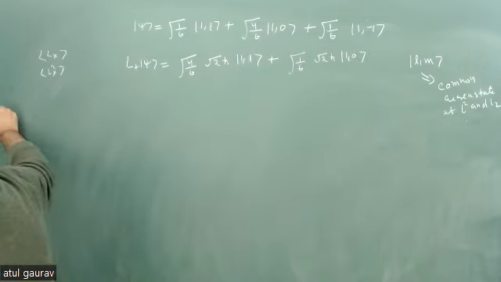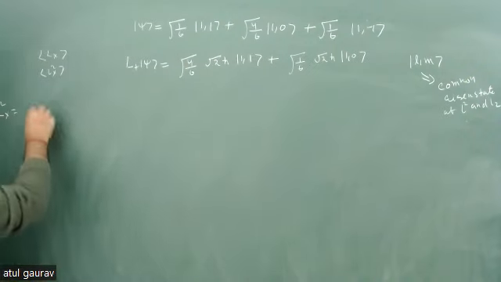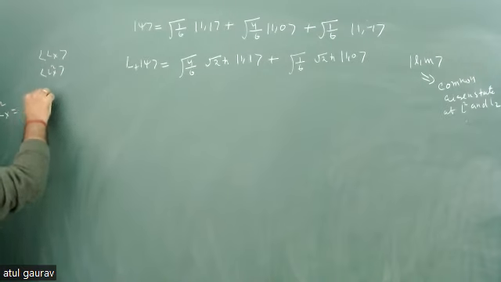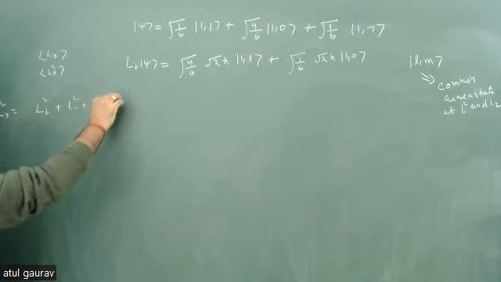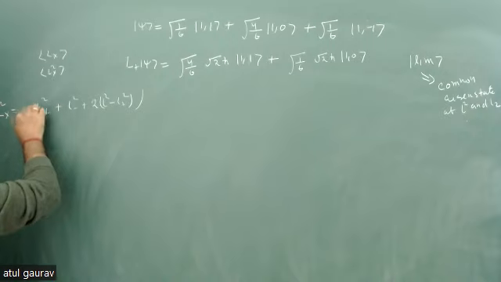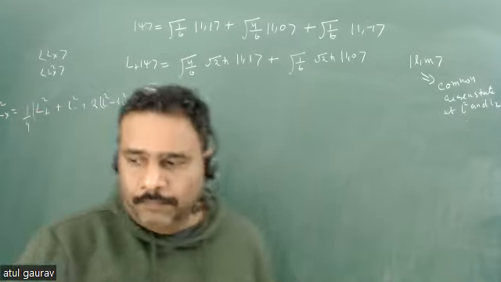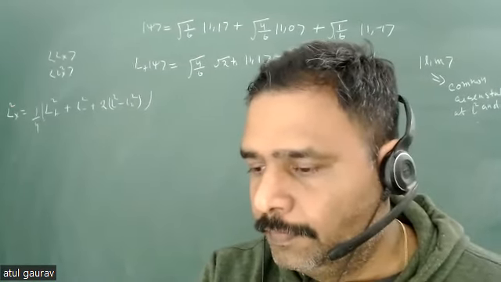Lx स्क्वायर में हमें क्या क्या चीज चाहिए? What is Lx स्क्वायर ऑपरेटर? Remember? L plus square, L minus square plus 2 L square minus Lz square by 4. यही है ना? याद है या नहीं चीजें? ठीक है.